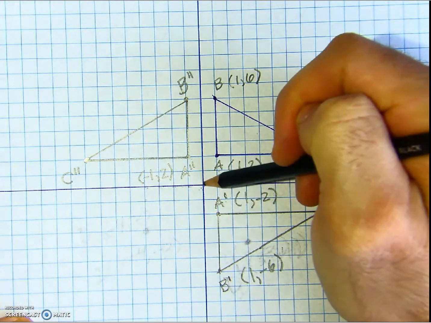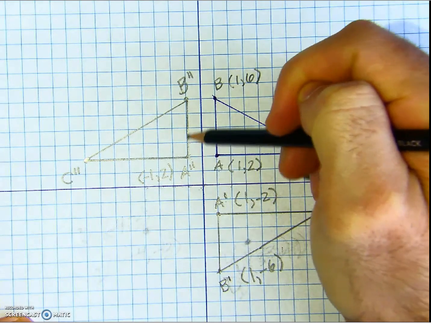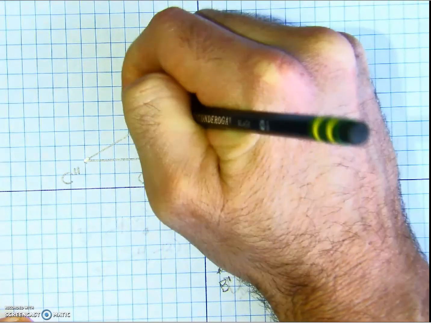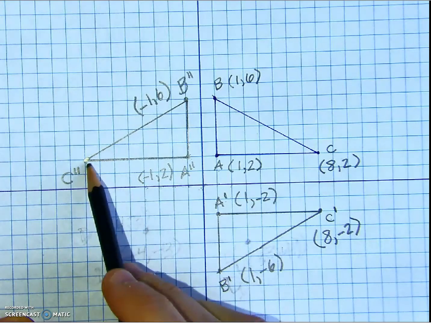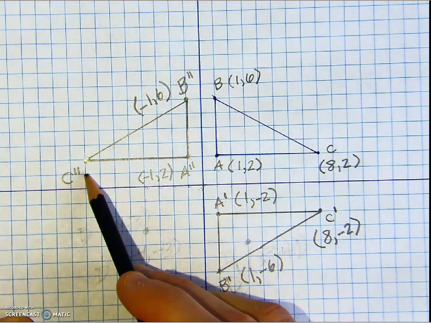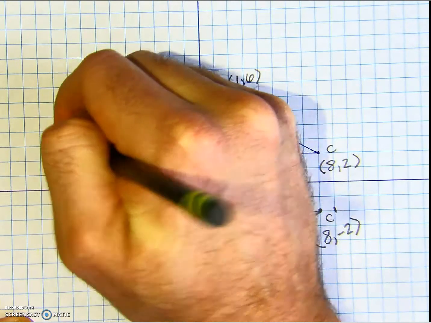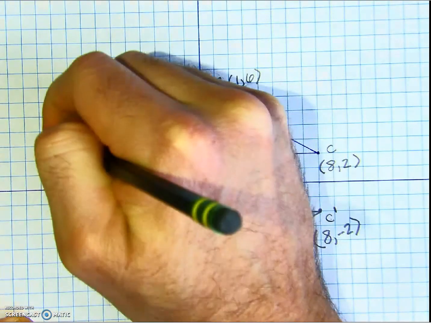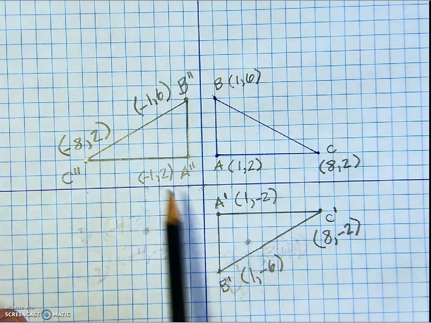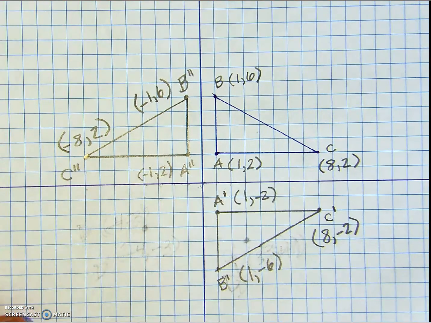Let's go to B. That would be -1, 2, 3, 4, 5, 6. Looks like -1, 6. And then finally C double prime would be -8, 2. Okay, perfect. Got everything set for our new image.